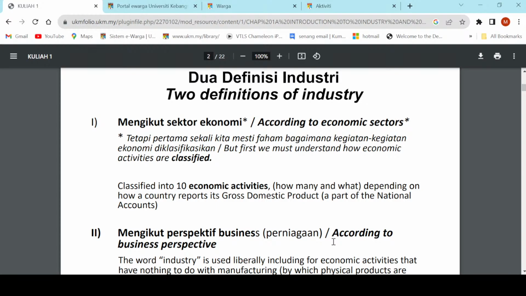I mean, we have no problem when we refer to industry as manufacturing, but the word industry has been used so liberally, so widely, and loosely to refer to activities other than manufacturing. Like what? Sports industry.